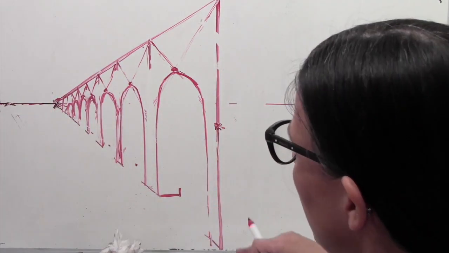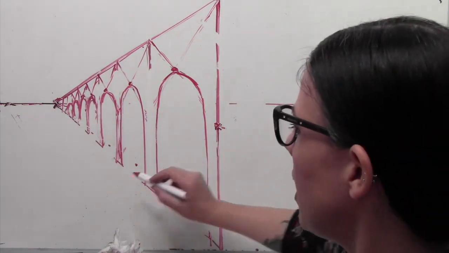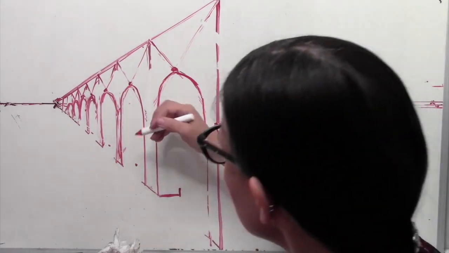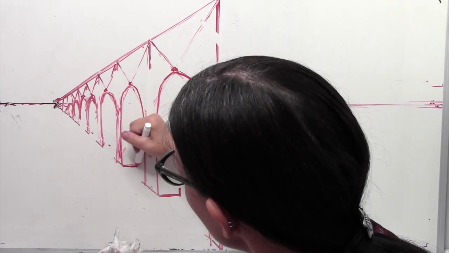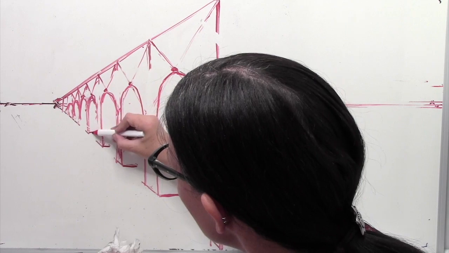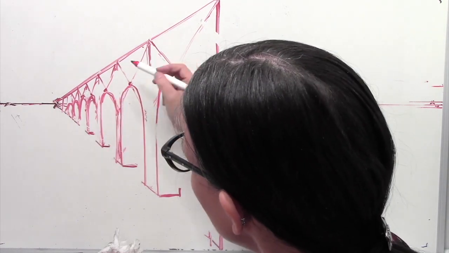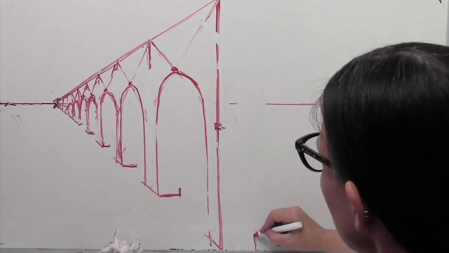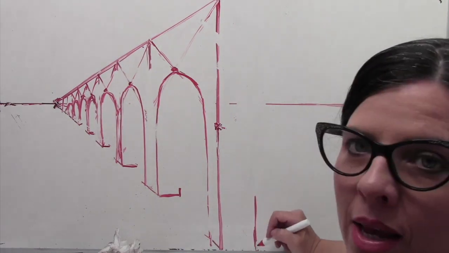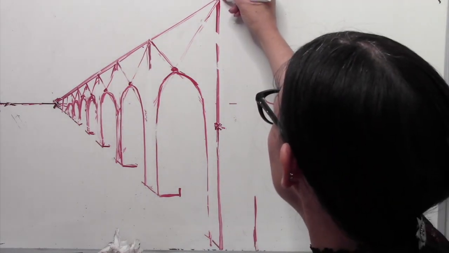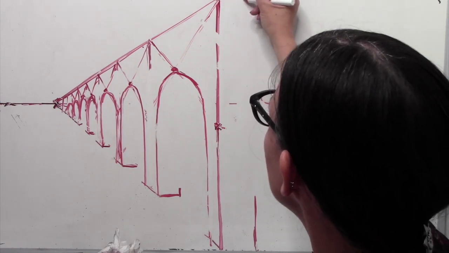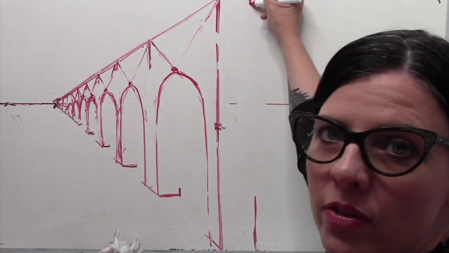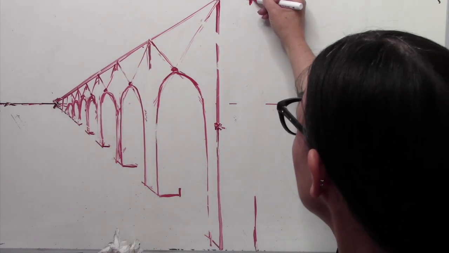Okay. And instead of drawing a line, I just basically made little dots. When I'm drawing on my whiteboard to show you things, the less lines I make, the less confusing it gets. But then you have to a little bit use your imagination.